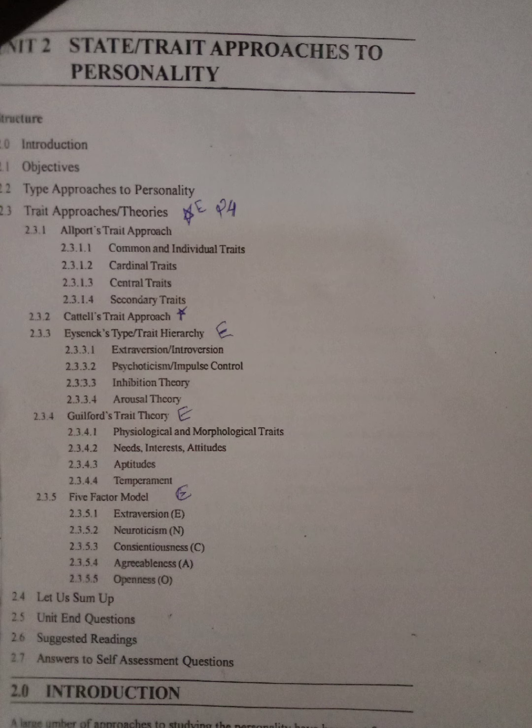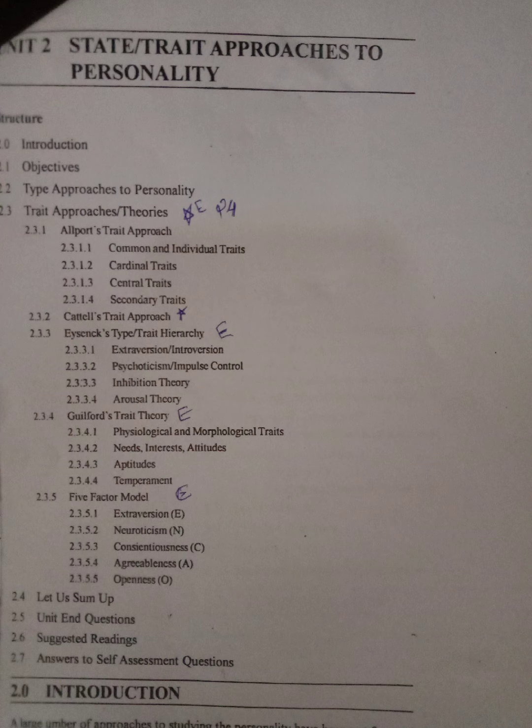Next is Eysenck's theory. In Eysenck's theory, there is a hierarchy of factors in human personality. They are type, trait, habit and response. According to Eysenck, the factors which determine one's personality are genes and environment.